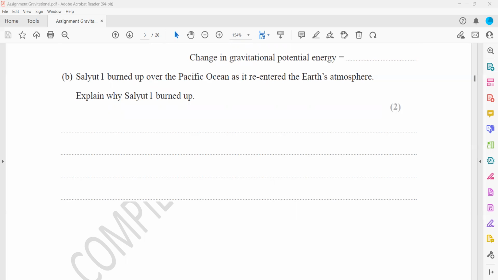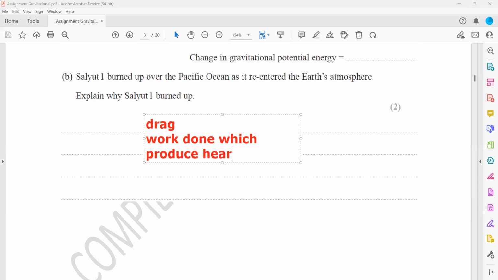The object does work against the drag, and that work is transferred as heat energy, which increases the temperature of the satellite.